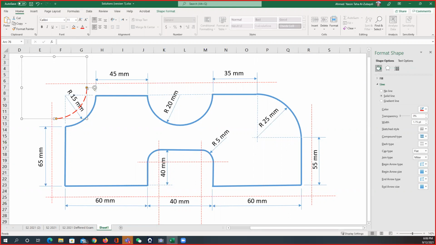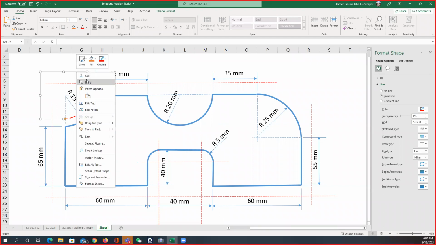So this should go down to here. Yep. And okay, that's also by 5 millimeters. And I'm going to do the same thing on the other side.